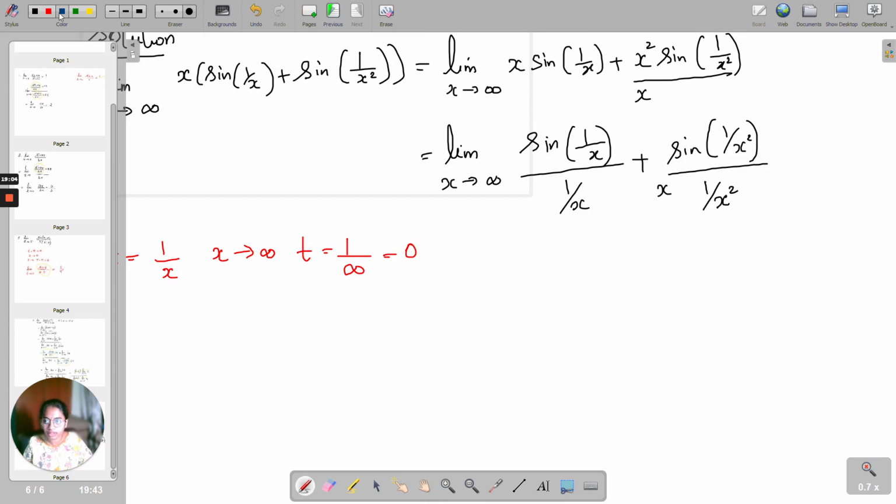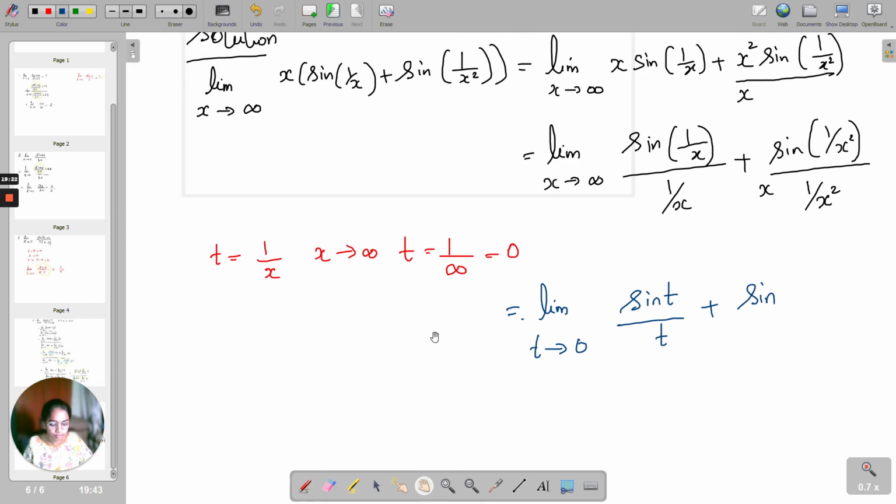Now I would get limit t tending to 0 of sine t divided by t plus sine... if t is equal to 1 by x, what is 1 by x square?